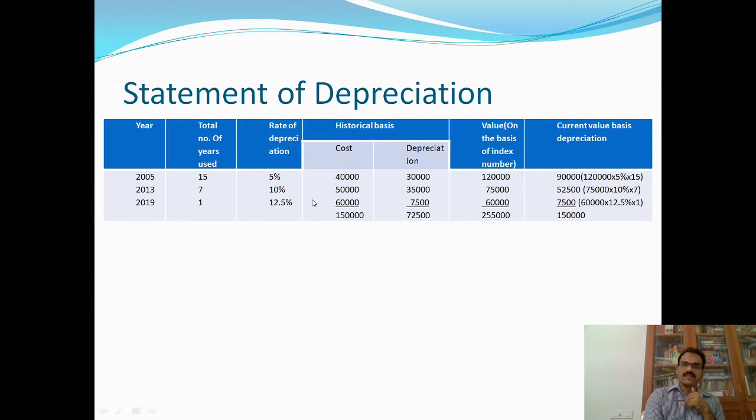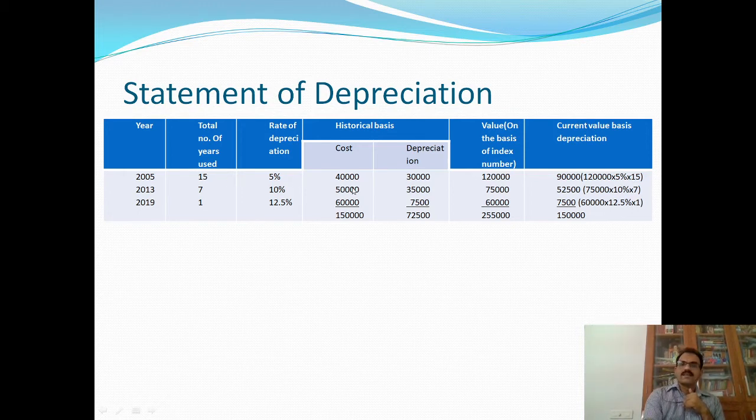So 40,000 divided by 20 is equal to 2,000. 2,000 is the one year depreciation. The plant was used for 15 years, so 2,000 into 15 is equal to 30,000.